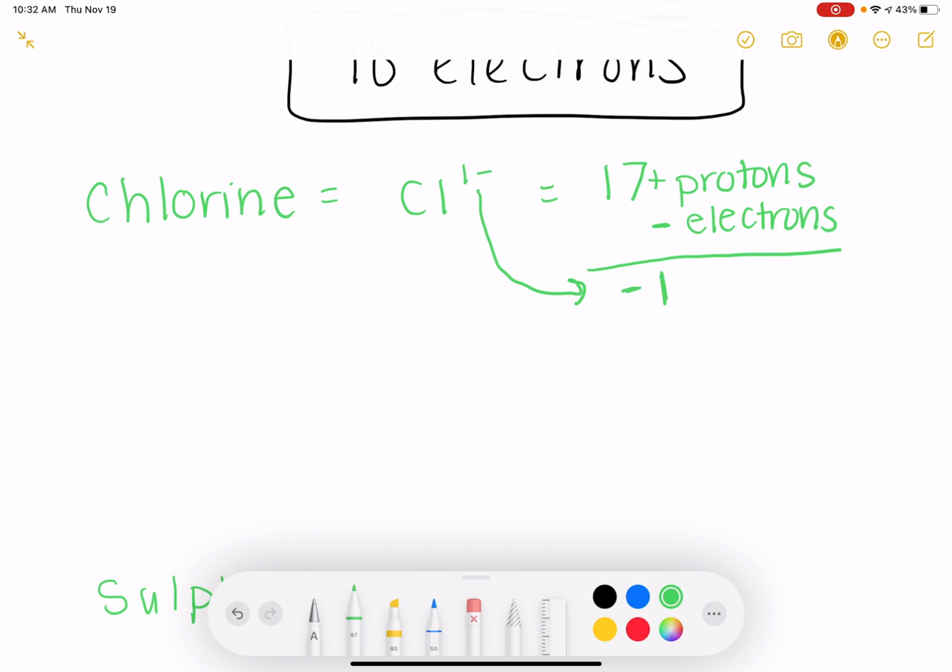And if that's confusing to you, when I look at these ones that have negatives, you can think of, well, we need one more negative than we do positive. So if we have 17 positives, then we must have 18 negatives, because those 17 positives will be canceled out with the 18 and they'll be left over with one negative. So our answer would be 18 electrons.